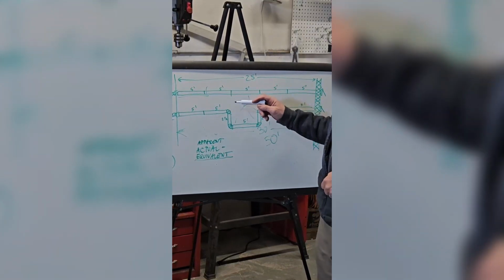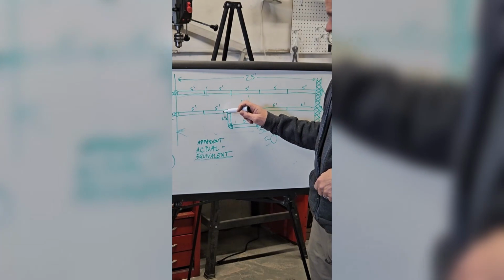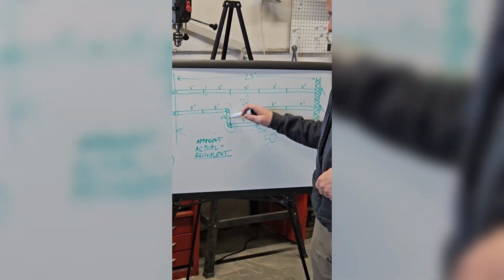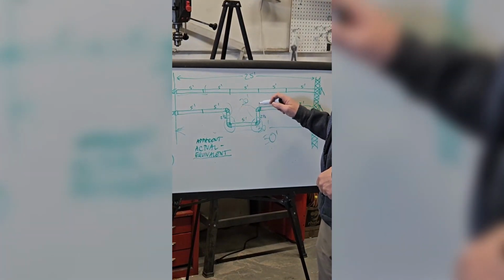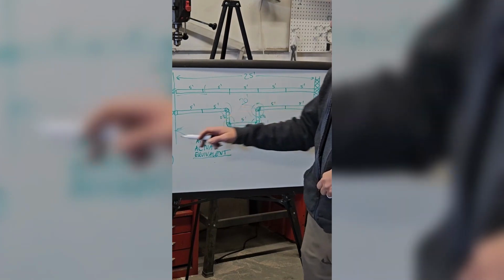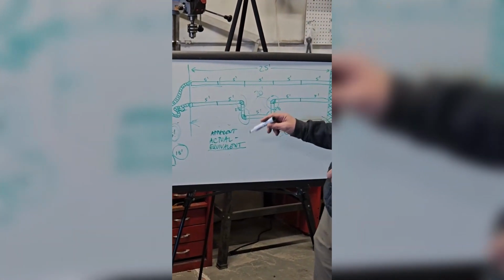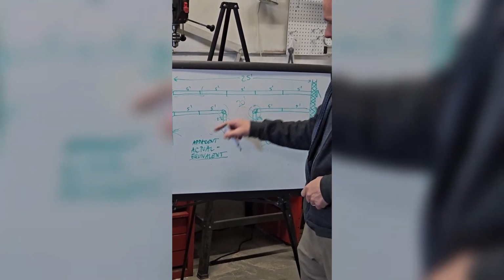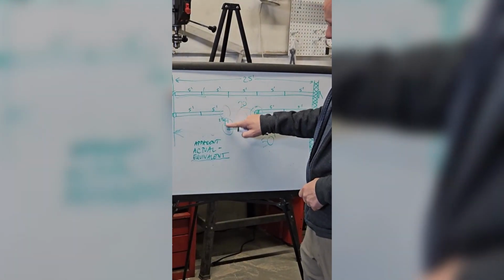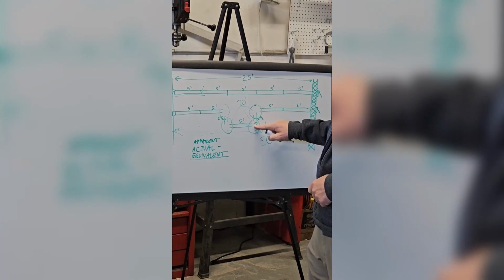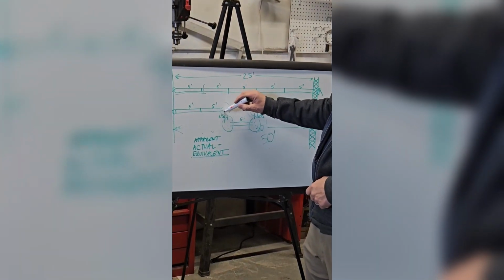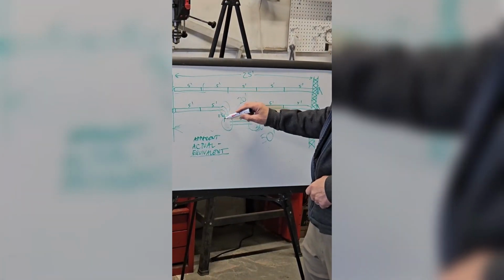But what you can do is replace these restrictive fittings with the long radius. So let's say we take these 4 elbows out and instead replace them with long radius elbows.